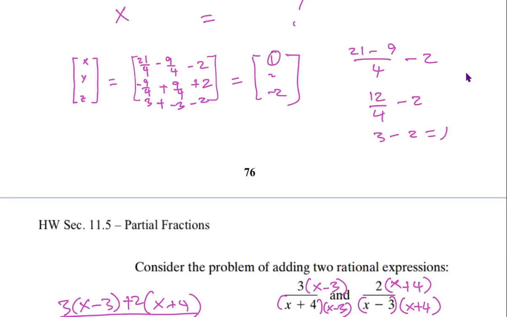That's this one. Okay, next. Negative 9 over 4 plus 9 over 4, that's 0, plus 2, so that's 2.